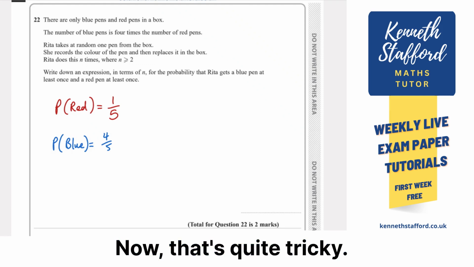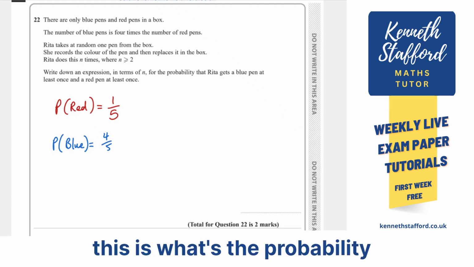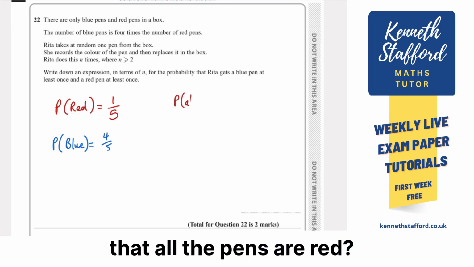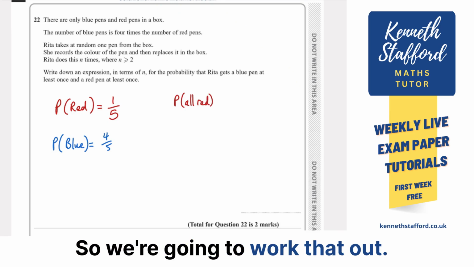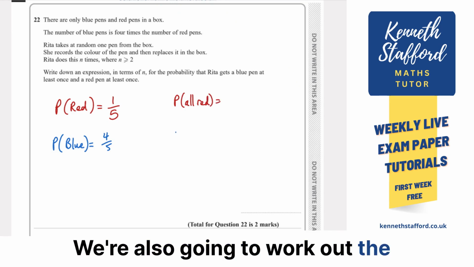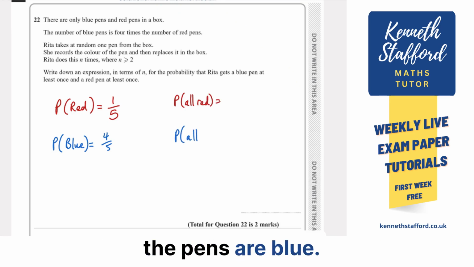Now that's quite tricky. The way we need to think about this is, what's the probability that all the pens are red? So we're going to work that out. We're also going to work out the probability that all the pens are blue.